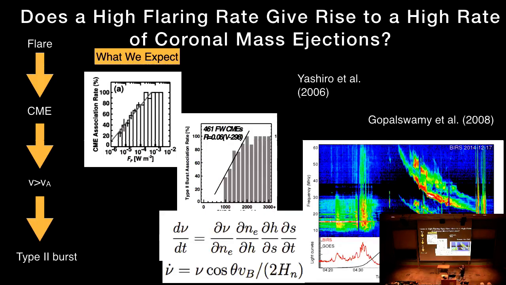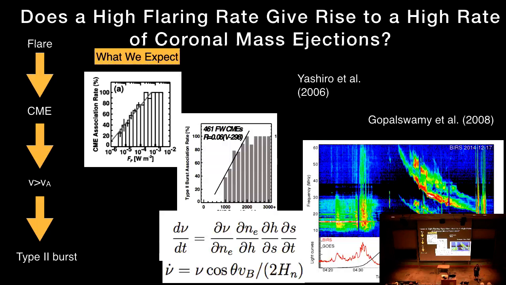The atmosphere of the star is getting less dense as you go further and further away from the surface of the star. That MHD shock is exciting plasma emission as it's traveling outward. And as the density is decreasing, plasma emission traces electron density.